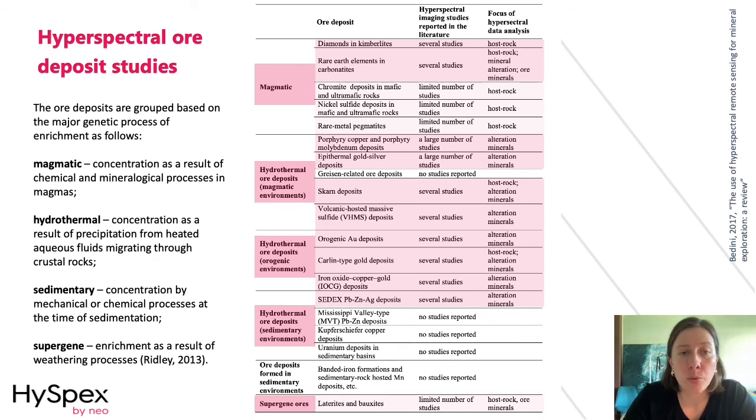For deposits which are important for nickel, cobalt, and aluminium, laterite and bauxite only had a limited number of studies, which means there's also a diversity of knowledge between the different deposits and the hyperspectral fingerprints that we would expect here.